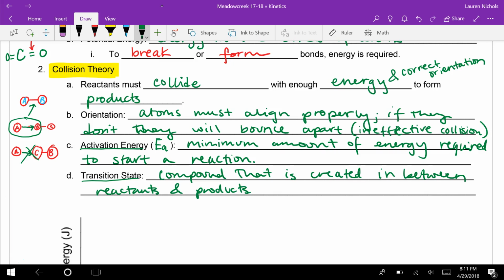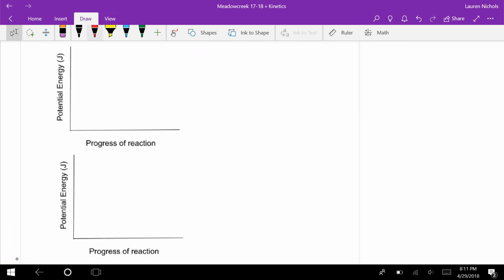Okay, so let's look at what that looks like for endo and exothermic reactions specifically. In our last unit, we talked about energy diagrams that had potential energy on the y-axis and the progress or time of the reaction on the x-axis. And so the first one we're going to look at is an endothermic reaction.